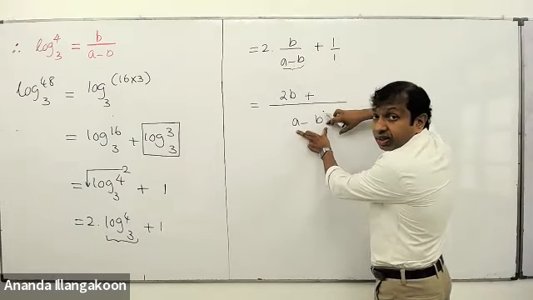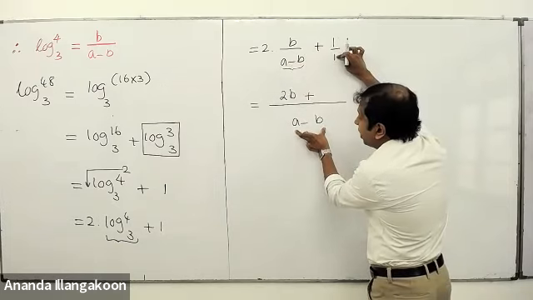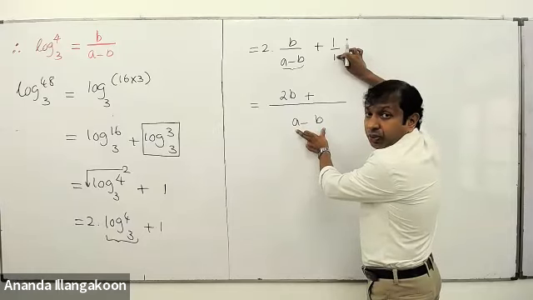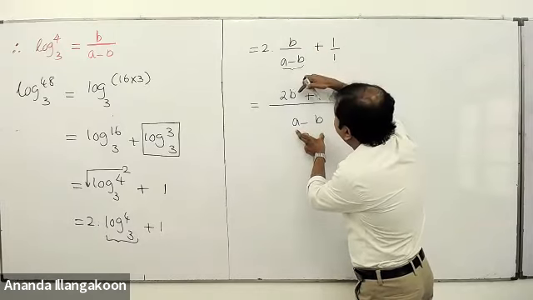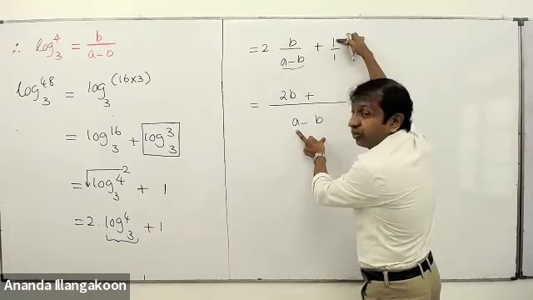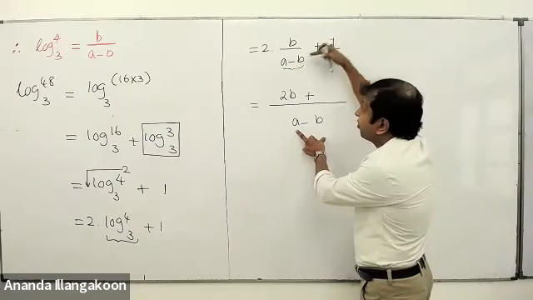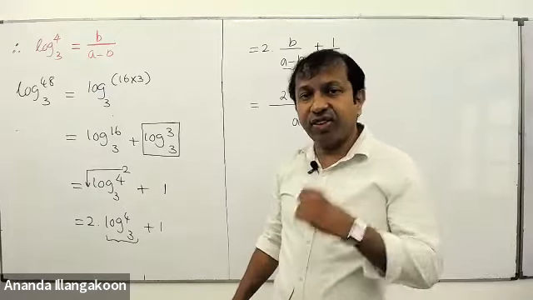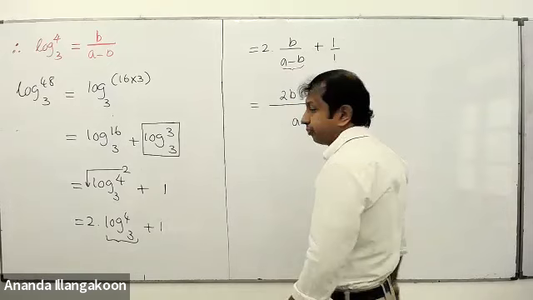The product of this denominator and this denominator only we have taken as a common denominator. I told you how to find the new numerator: by this 1, we have to multiply this, and by this, we have to multiply this numerator. A minus b and this 1, when you multiply, we get the same a minus b. When you multiply any number by 1, the same answer comes. So a minus b into 1 means a minus b.